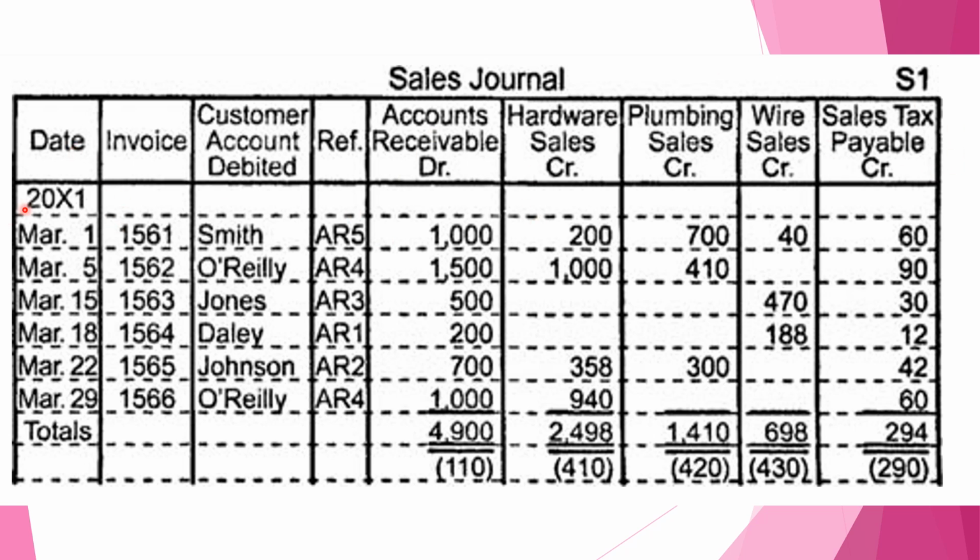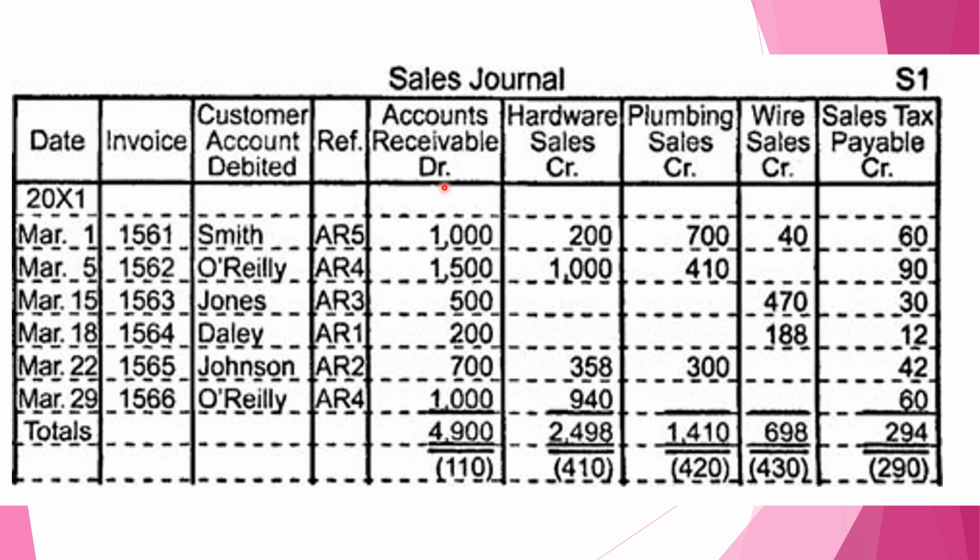Same with the other journal, it must have a date column, the invoice, okay, customer account debited, this one. So these are the people that will pay you of the service rendered or the goods sold. The reference, okay, you have here accounts receivable, not cash, because cash is for the cash receipt journal.